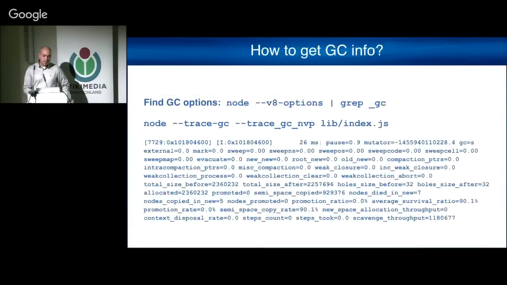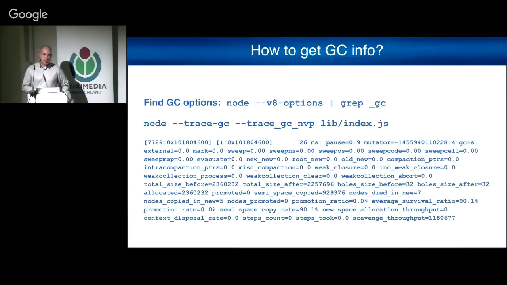Looking into libraries, or just first, how can I get the information in the Node.js command line? If you look to Node and started with the V8 options, it shows you all the options you can pass to the Node.js V8 engine, the Google V8 JavaScript engine. And so many options, so you can search for it for GC and you get the garbage collection options.